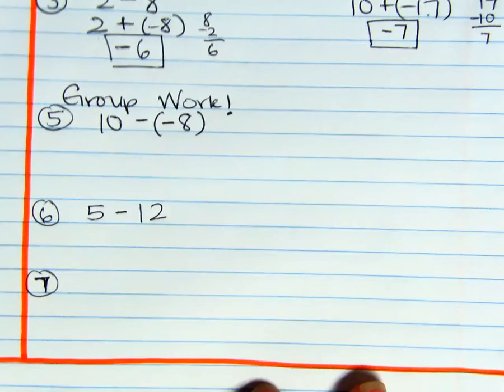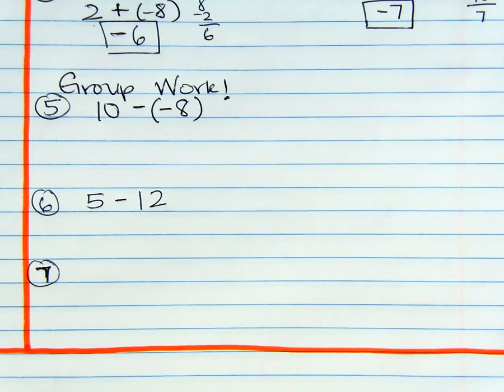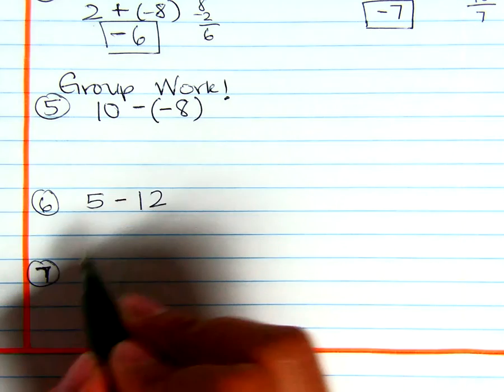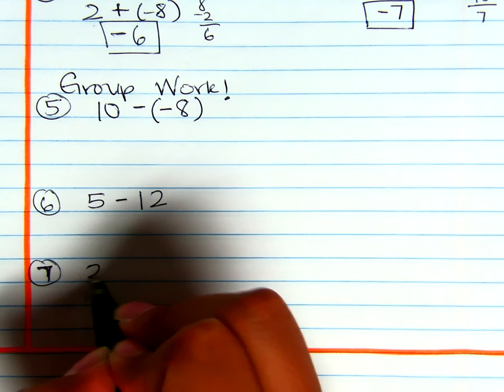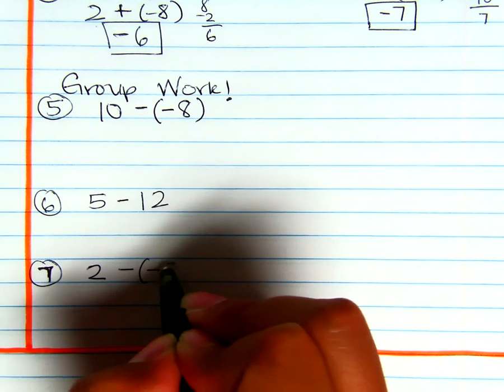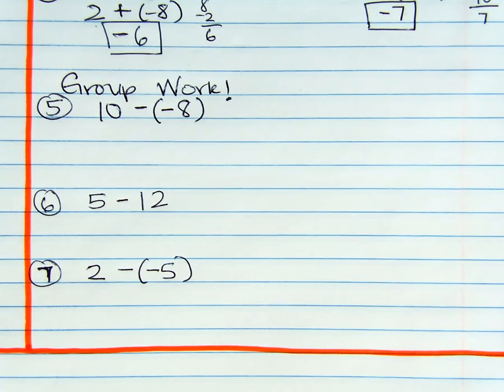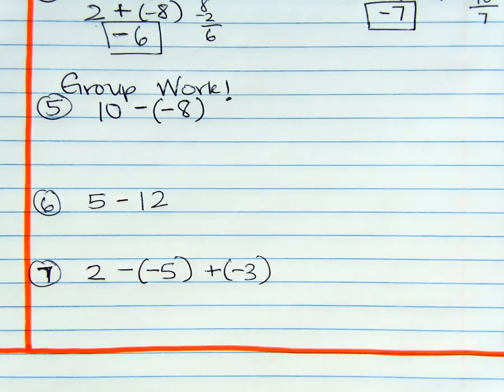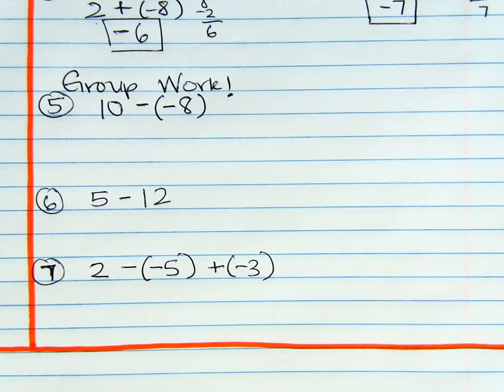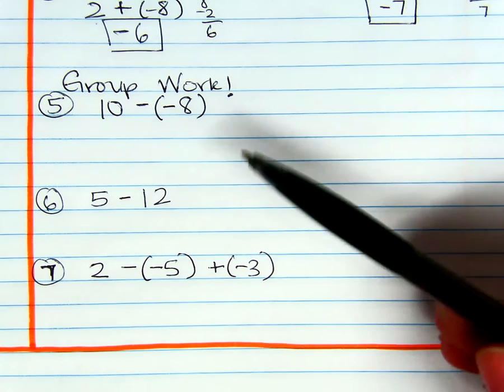And then 7 will give you a string of numbers. So it's going to be 3 numbers put together. So we'll do 2 minus a negative 5 plus a negative 3.